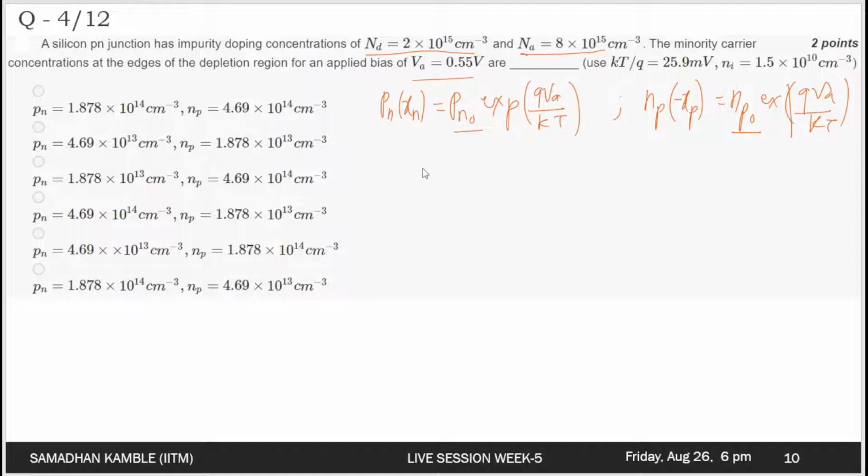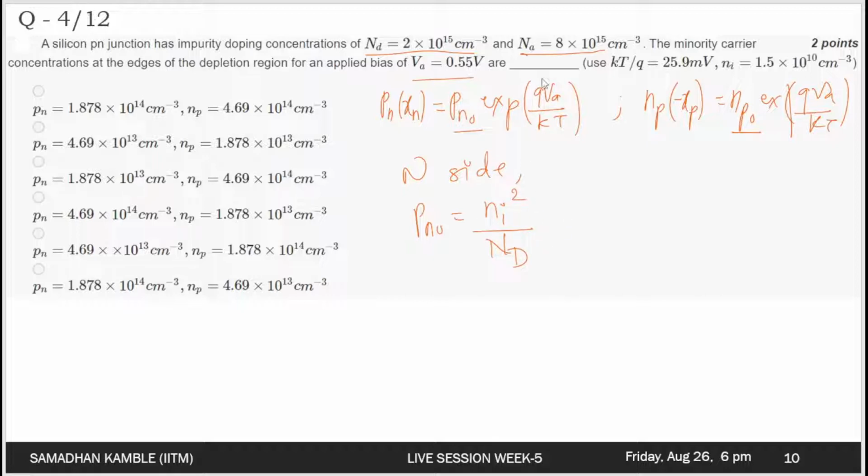For the N side, Pn naught is nothing but the intrinsic carrier concentration squared divided by the donor concentration.